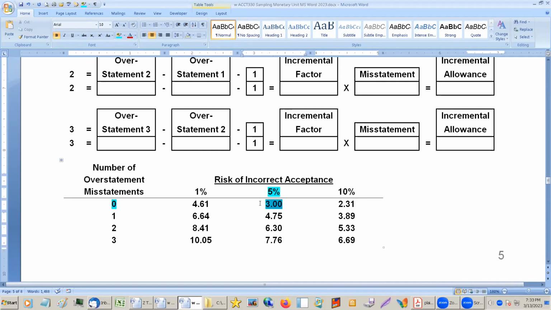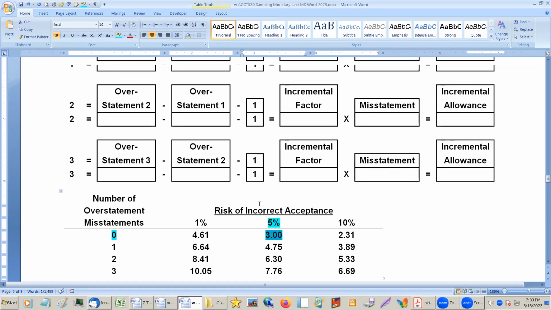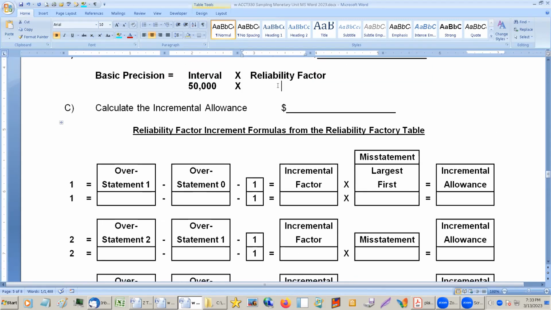And that comes out to 3 for the factor. And so this will equal our basic precision, 50,000 times 3, or 150,000.